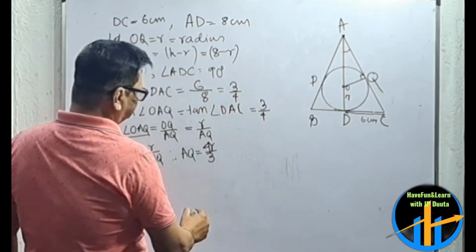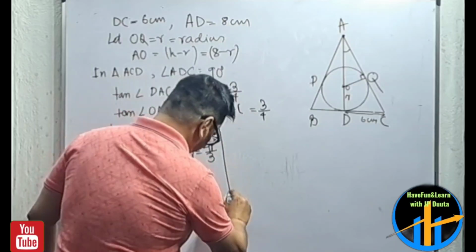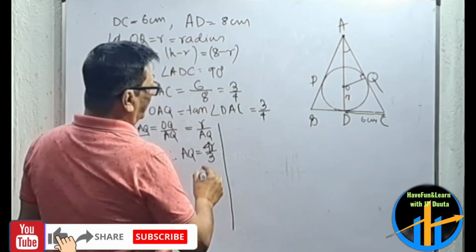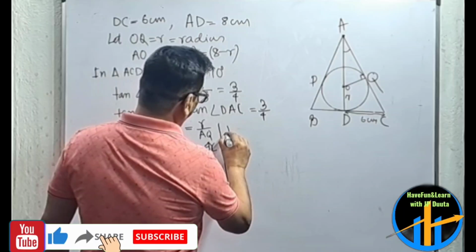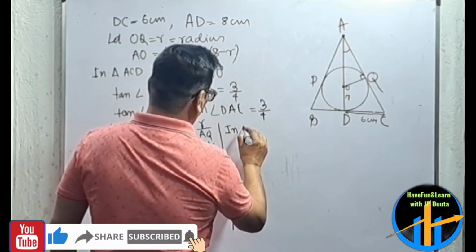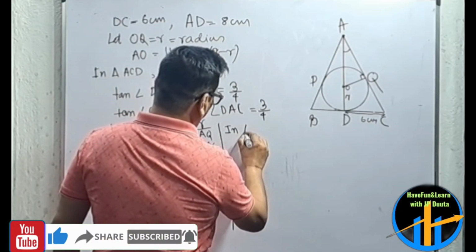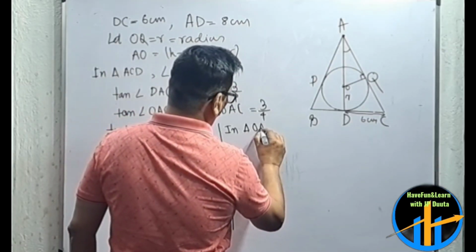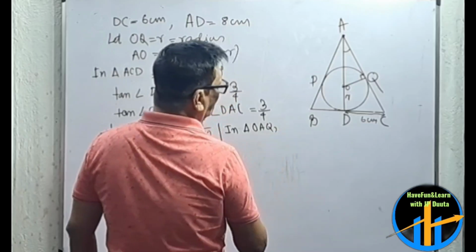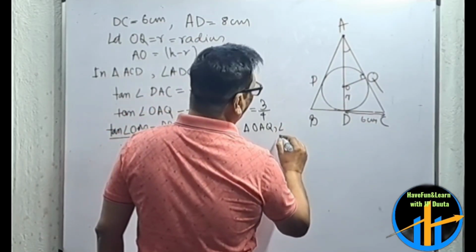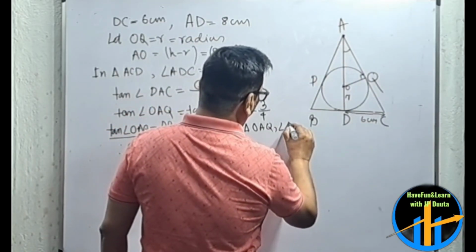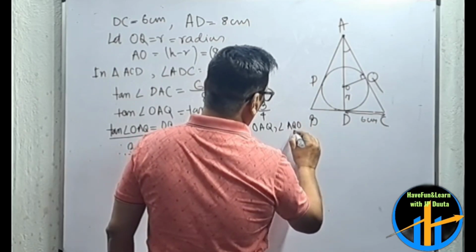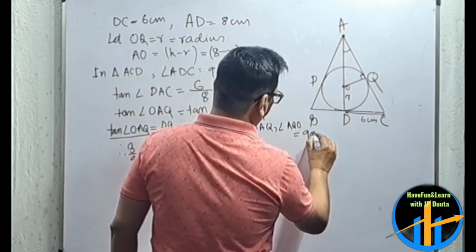Now, see, in triangle OAQ, angle AQO is equal to 90 degrees.